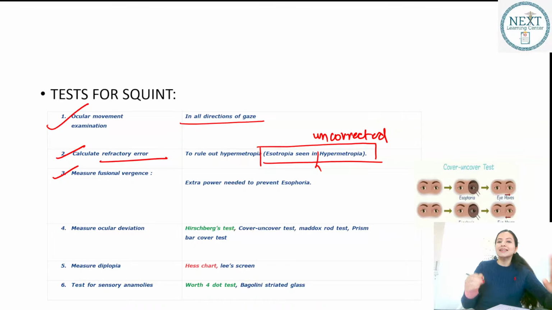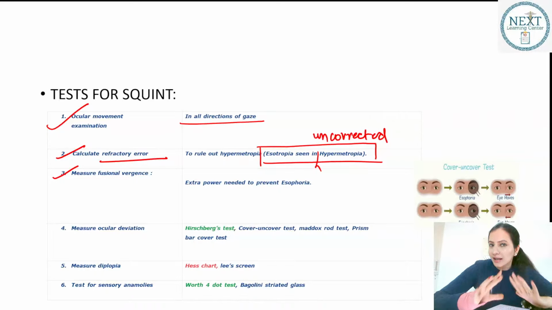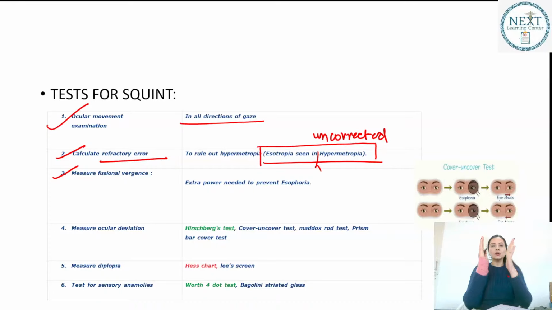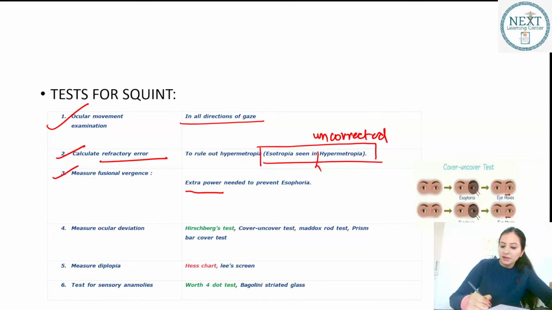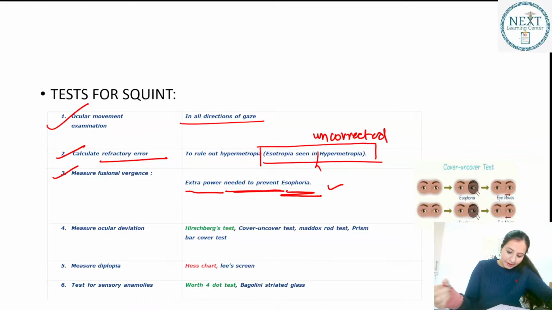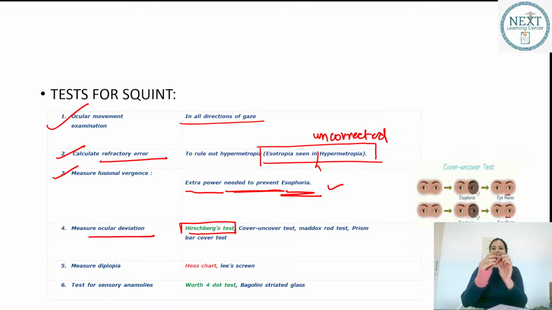Then you have to measure the fusional vergence. Fusional vergence is the disjugate movement of the two eyes, basically so that the eyes look straight forward, or you can say that is the extra power that is needed to prevent esophoria. Then you have to measure ocular deviation. You can do it via Hirschberg's test. What you do in Hirschberg's test is you project the torch of light into the patient's eye, and you look at the corneal reflex.